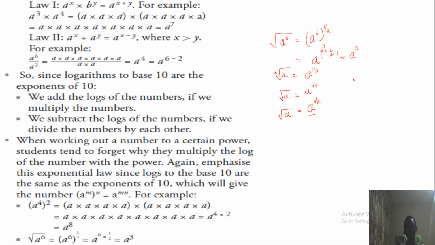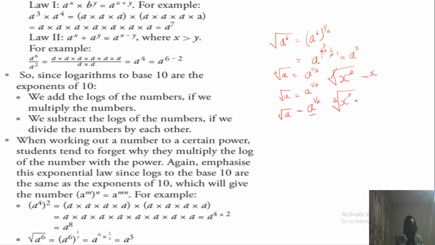If I have x raised to power 2 and I want to remove the power and get x, I say square root both sides. If I have x raised to power 3 and I want to get my x, I'll say take the cube root of both sides. I'm going to get what? x.